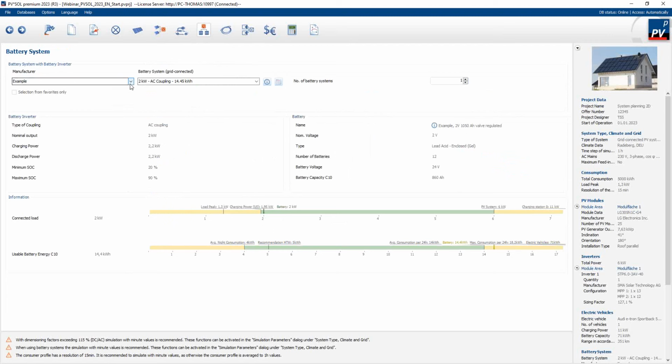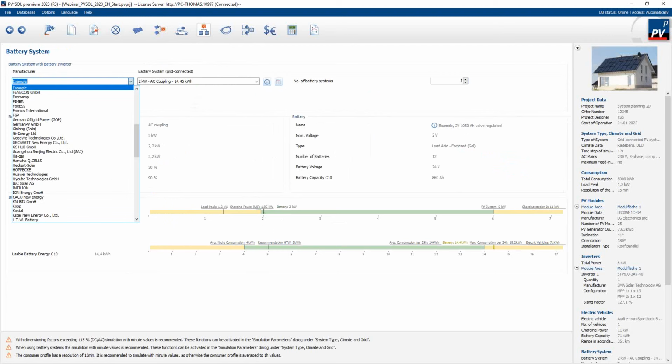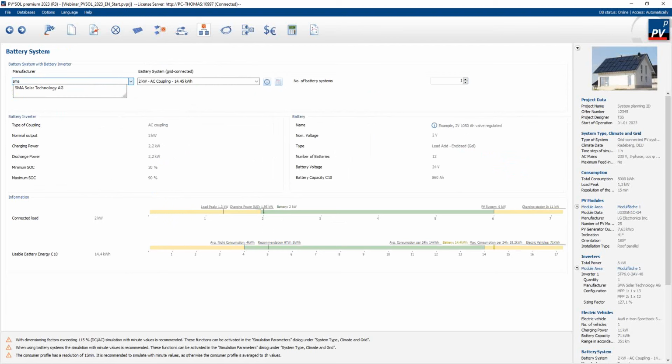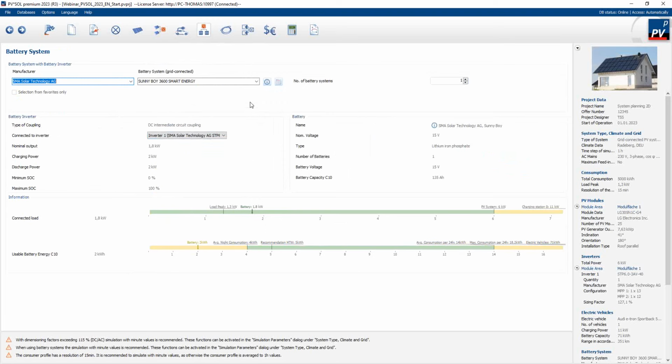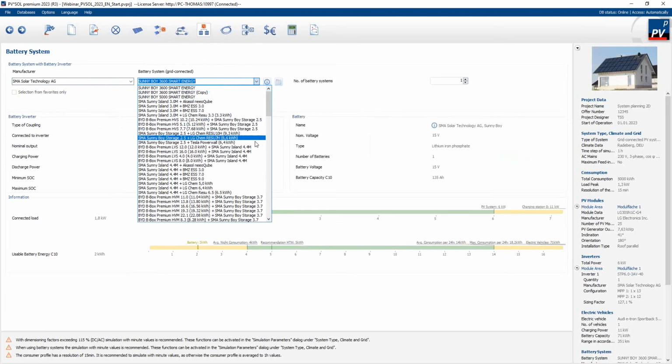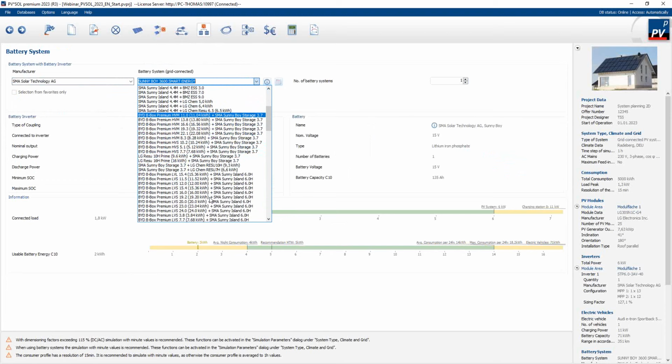Now we come to the battery system. Same principle, we select the manufacturer. In this case, we select SMA again, and then we have to select the corresponding battery system with a battery inverter. If we have selected a hybrid inverter in the inverter configuration, then we would have to select a combination with a hybrid inverter and a battery here.